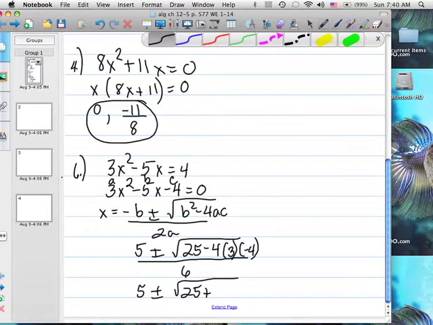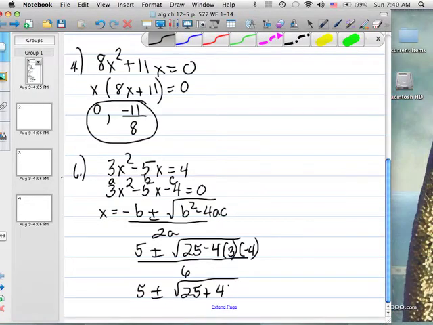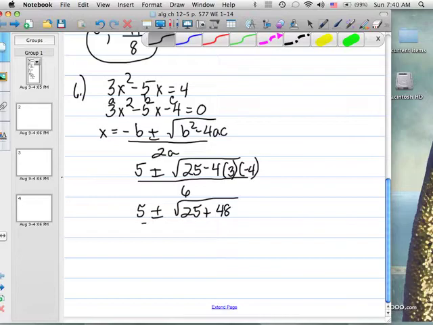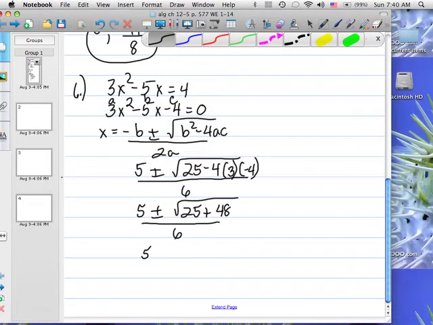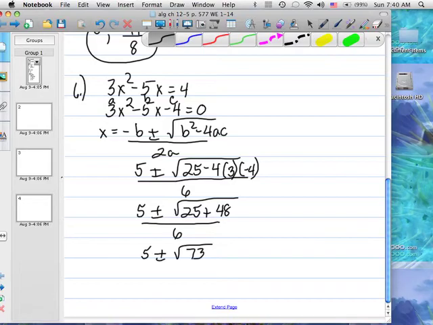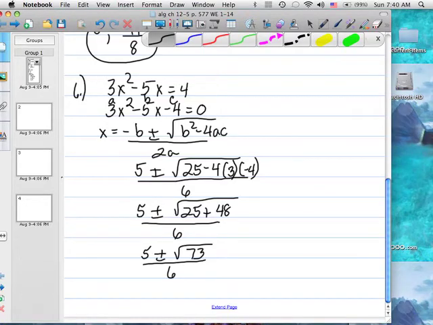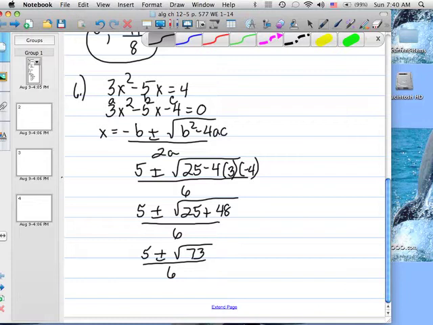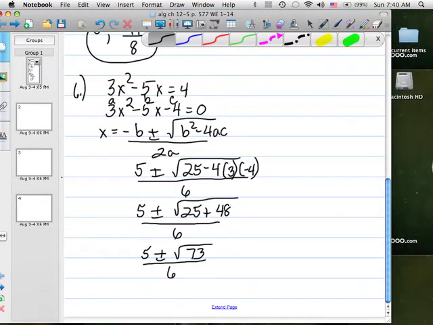And that's 16 times 3, which is 48, all over 6. So that's 5 plus or minus the square root of 73 over 6. And checking the answer for number 6, that's correct.